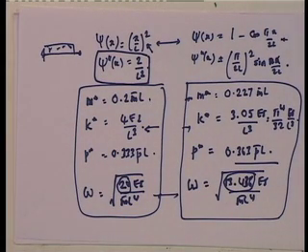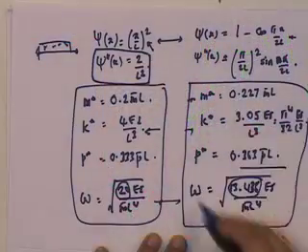I would leave it to you to do it with the other specific one that I have done, and you will see that in that particular case, if you take 3 x upon L squared, you will get that m star becomes about 0.226 m bar L, k star is going to be 3 EI by L cubed, and so therefore, the value of omega is going to be about 13.4, very close to this particular value that you get.